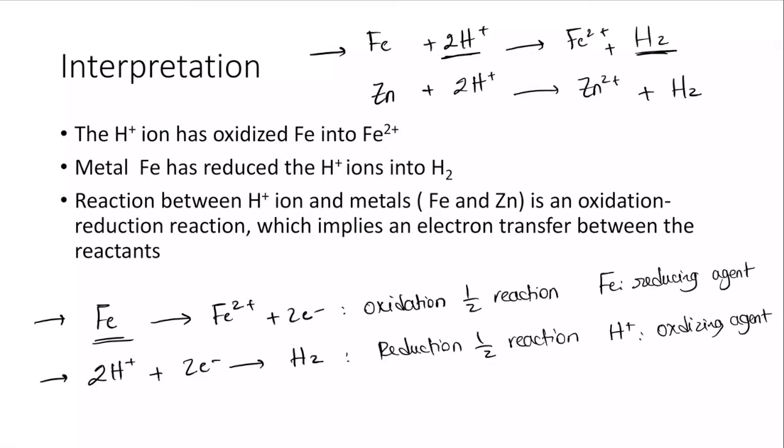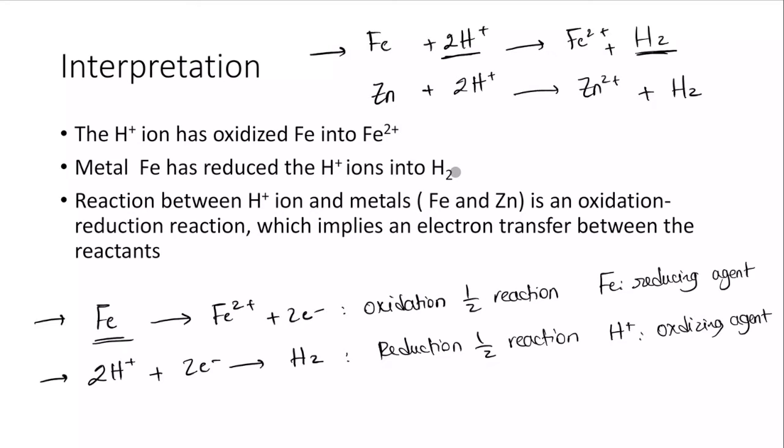So whenever we added H plus, we added an acid whose H plus ions were able to oxidize iron, to enable iron to undergo oxidation. So it was Fe and it became Fe2 plus. And we can say it in another way, that metal Fe has reduced the H plus ions into H2, hydrogen gas.